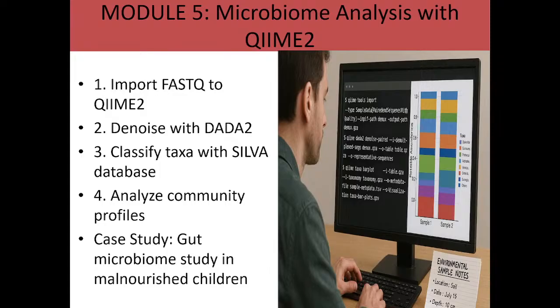Then module 5, this is microbiome analysis using QIIME 2. And here you have the steps already there. You see that guy; by the side of that guy, you can see that he is already jotting down something.